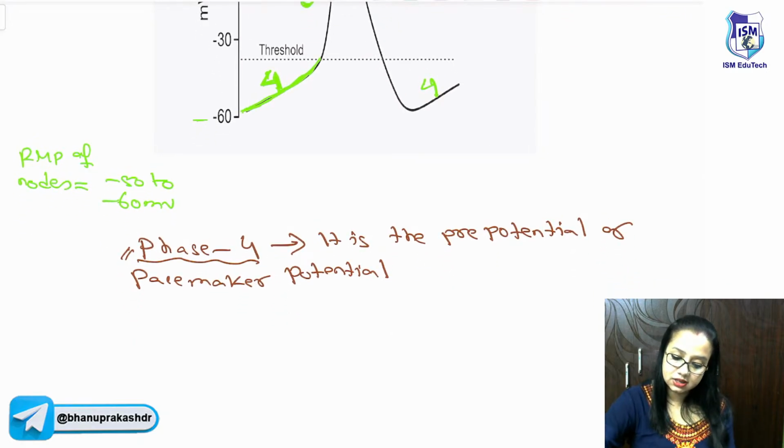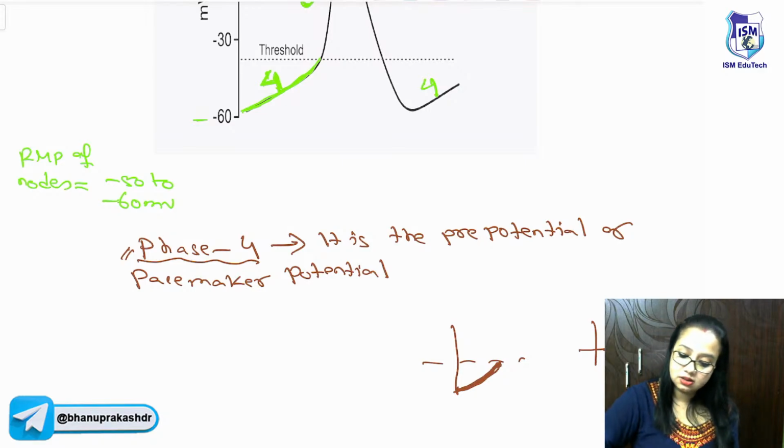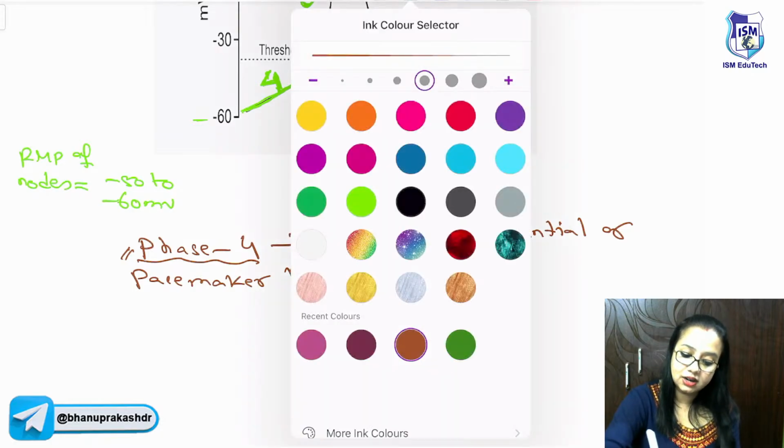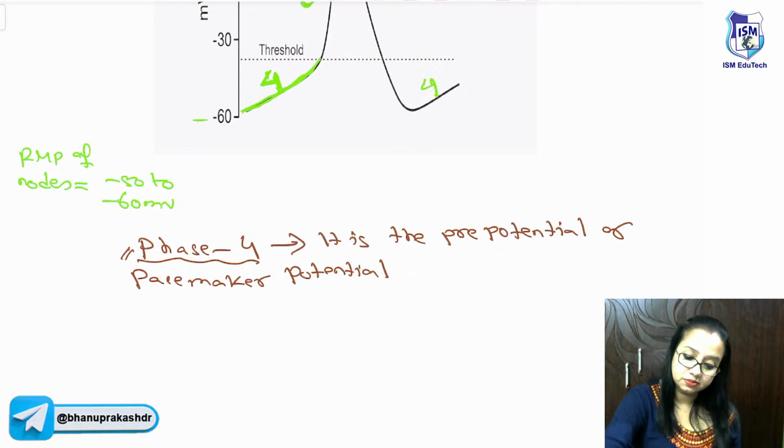So if you see here in phase 4, the resting membrane potential is rising. It is not like how we saw in the skeletal or the nerve fiber action potential, which was steady. So the nodal pre-potential is always in unrest. It is not resting. It is not lying static in one position, right?